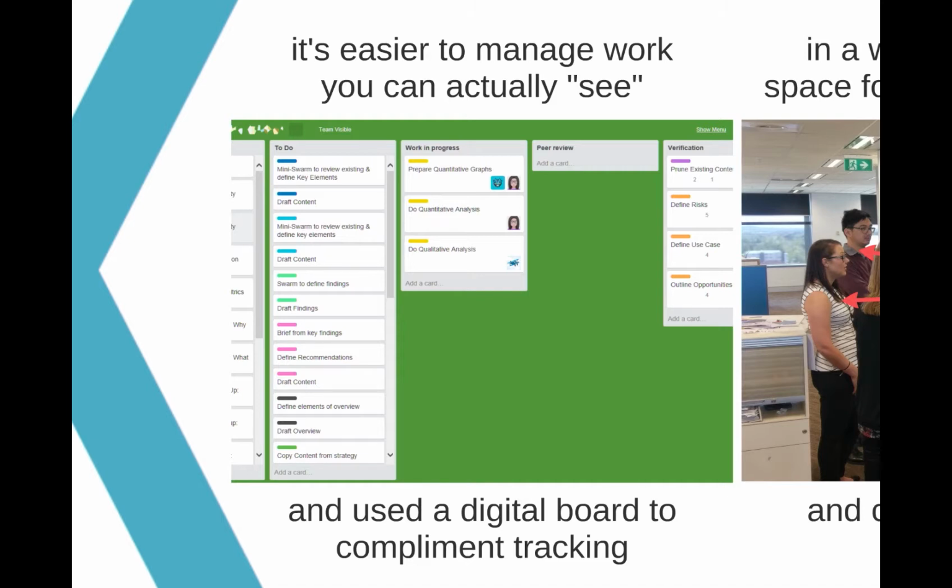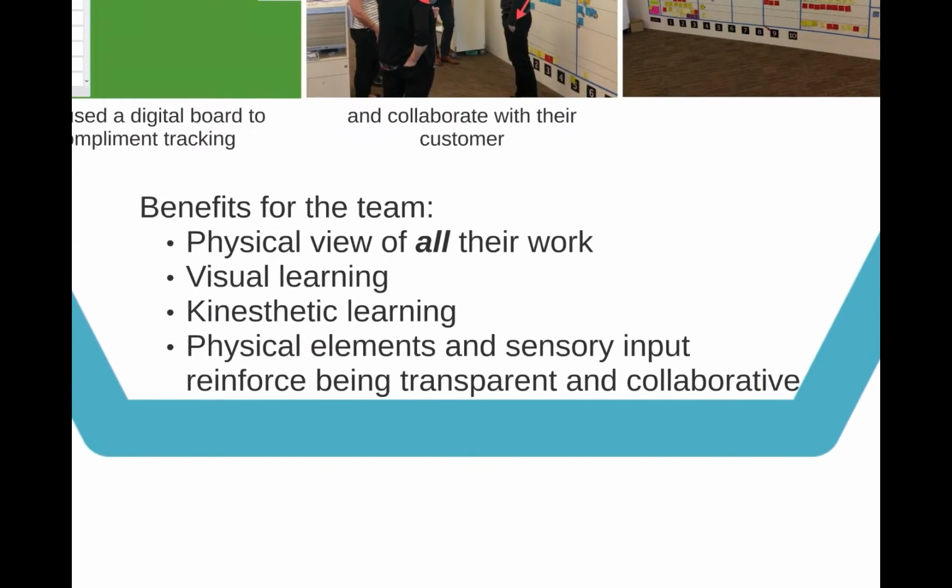And for these guys, they also had a Trello board. So yes, they had a digital tool to be able to manage some of their documentation attached to specific tasks and specific activities. And that was to complement their physical space. And for them, it meant that all of their work for the team, they had a physical view of it, because this team was learning how to do it. A number of factors enabled them to do it much more effectively in a physical environment.